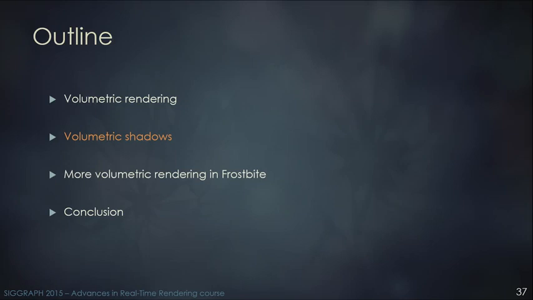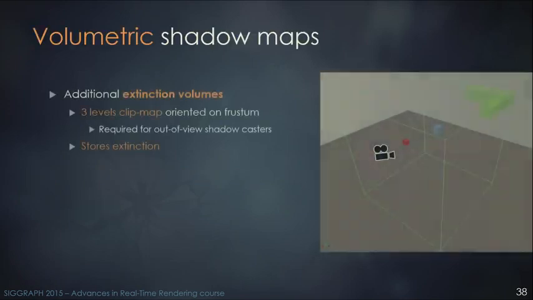Okay, so now I'm going to present how we achieved volumetric shadows, but quickly for the sake of time. For that, we voxelize again all our participating media entities into a 3-level clip map. And this will only store extinction per voxel. It is important to have that more large-scale volume, because you want out-of-view shadow casters also.